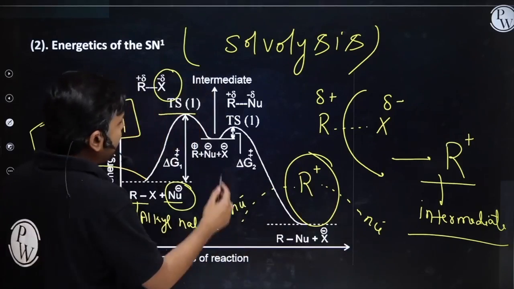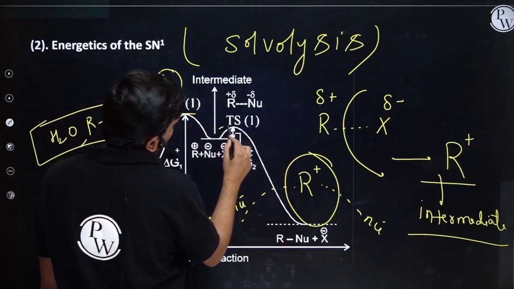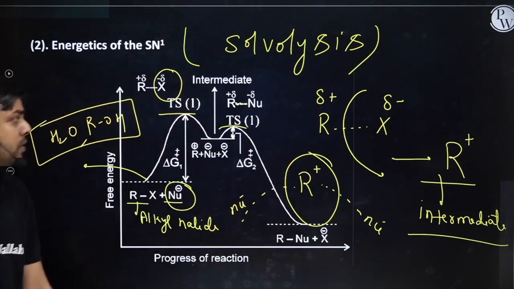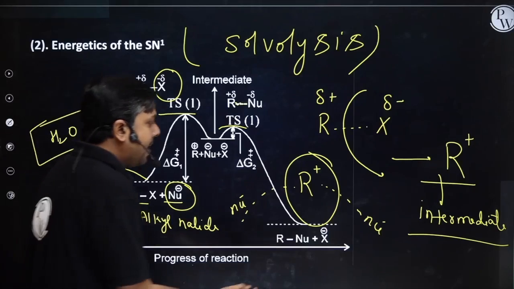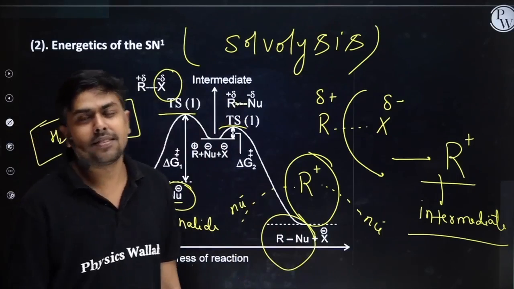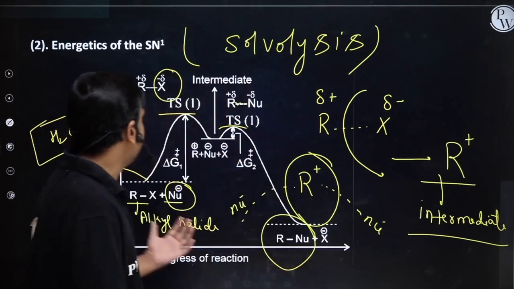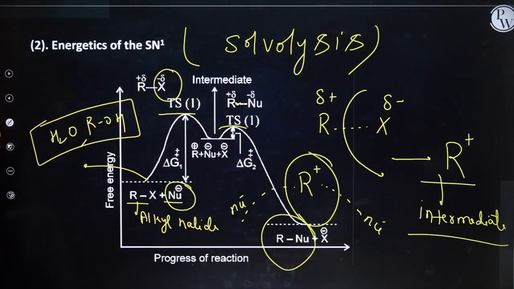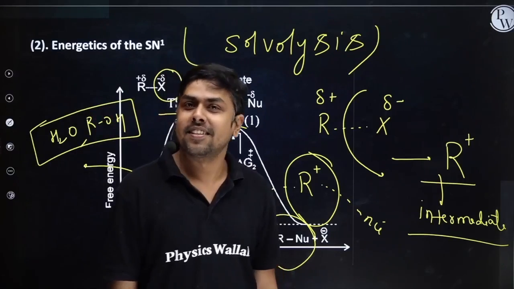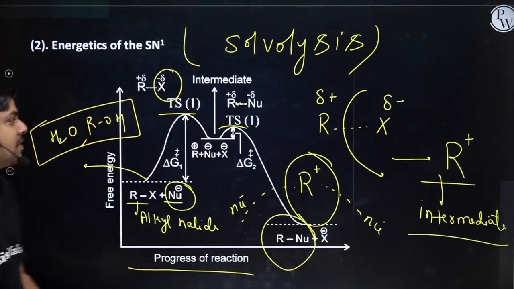So this is my second TS where the nucleophile is partially getting connected to the alkyl part, and finally my product is R-Nu plus X minus. This is the free energy versus progress of reaction for SN1 reaction. Shall we move ahead? Let's move ahead.